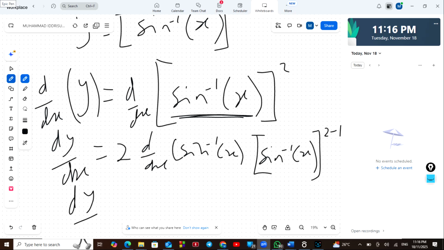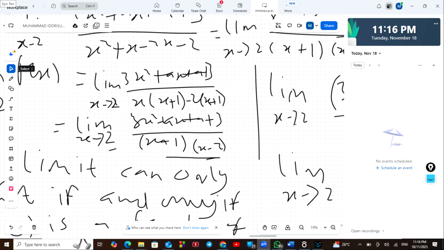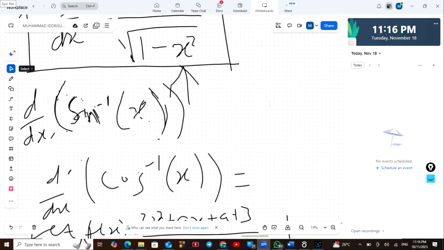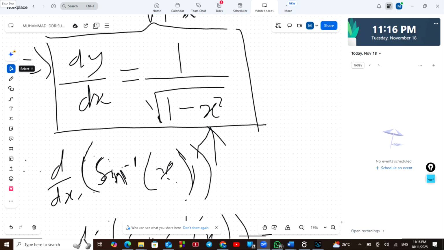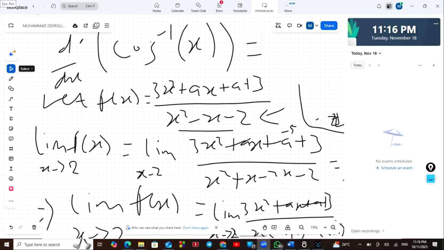So we have dy dx easily here, so 2. You see from our past video we proved this. I haven't deleted anything, I have the proof here, and it is here. So the derivative of sine inverse of x is 1 over the square root of 1 minus x squared.